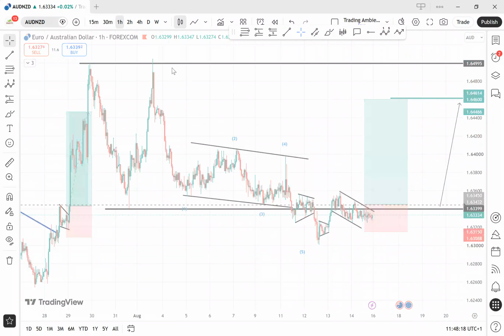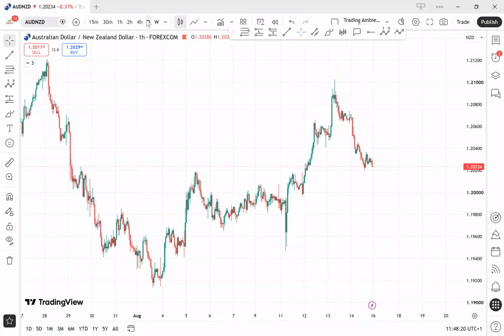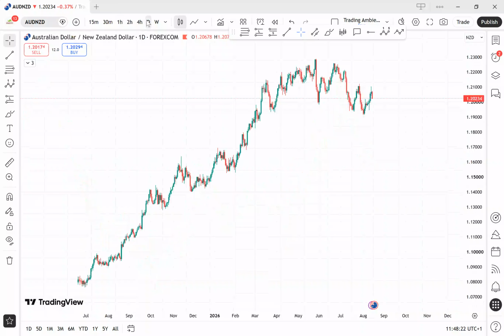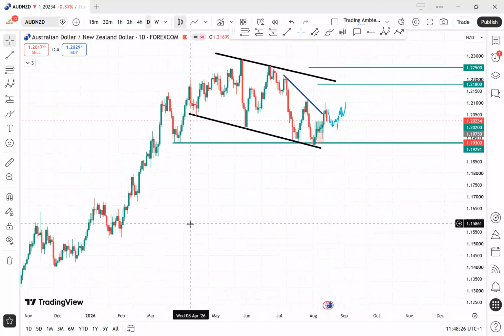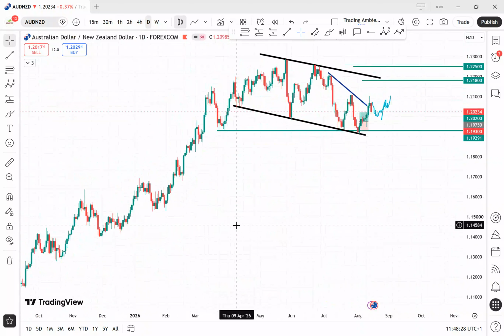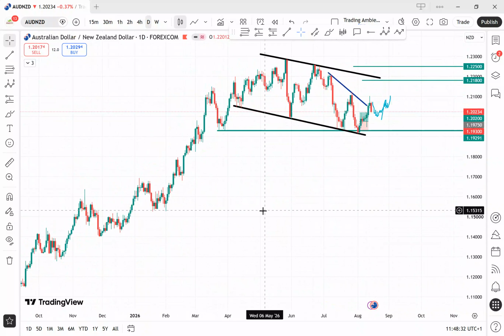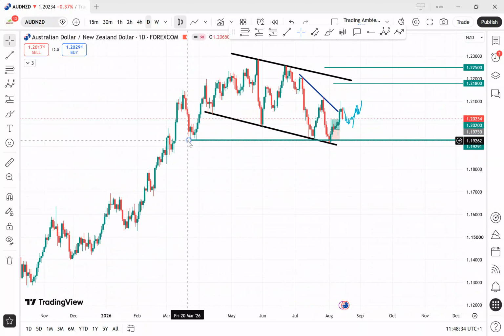So moving on as well, we have AUD New Zealand. On AUD New Zealand, last week I posted this on X and on the Telegram channel. So we have this previous swing low.